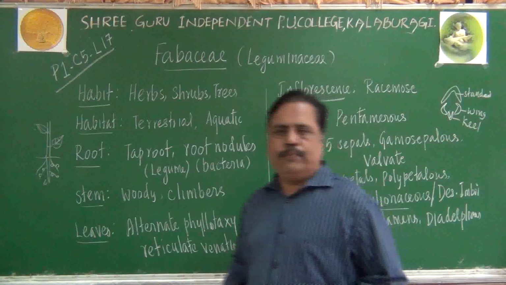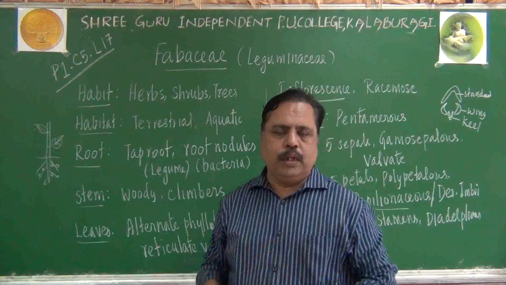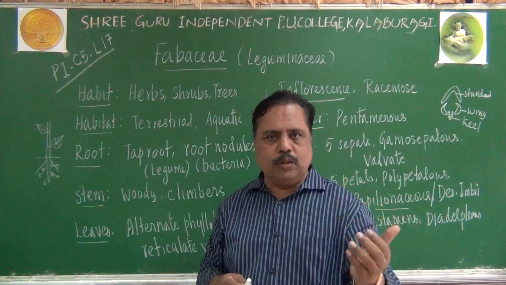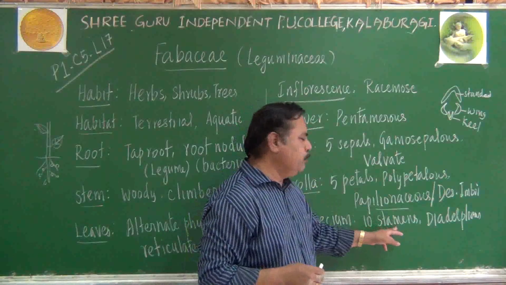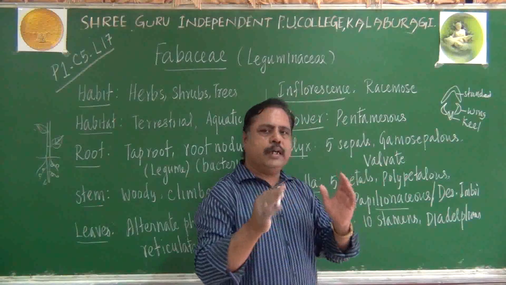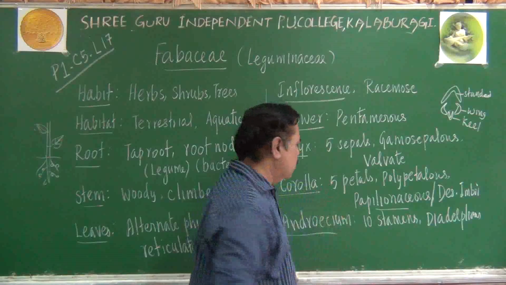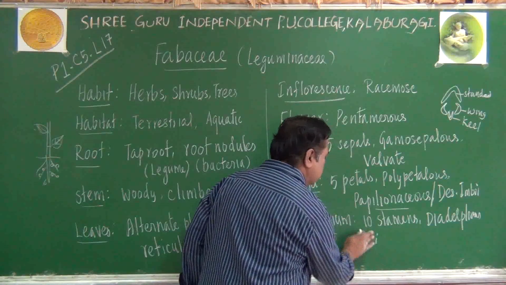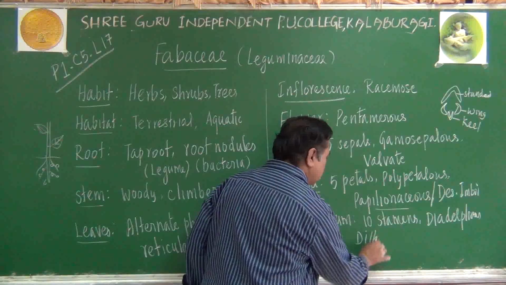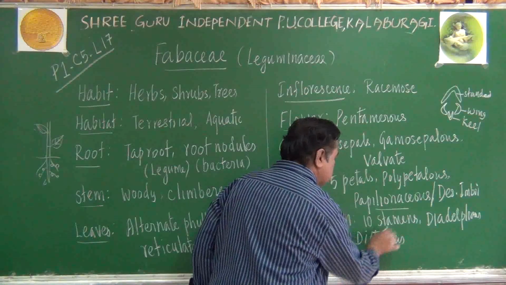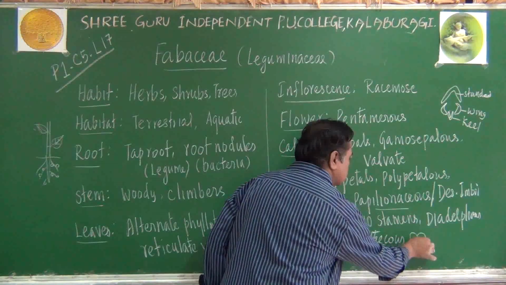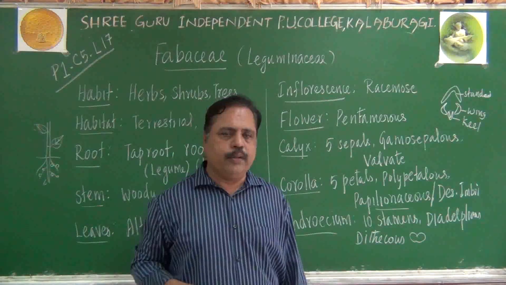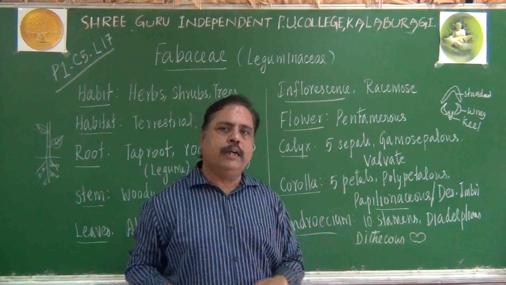Di means two, adelphous means group. So they are arranged in two groups. 9 stamens form one group, and one stamen becomes another group. That is called the diadelphous condition. The anthers of the stamens will be dithecous in nature. Remember, dithecous means two chambers are present in the anther. So that is regarding the androecium.